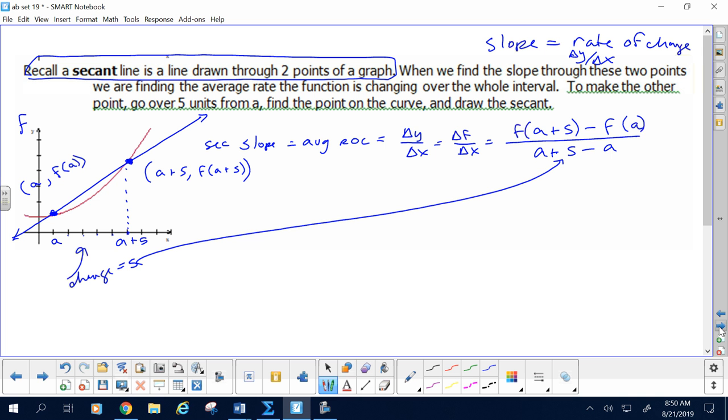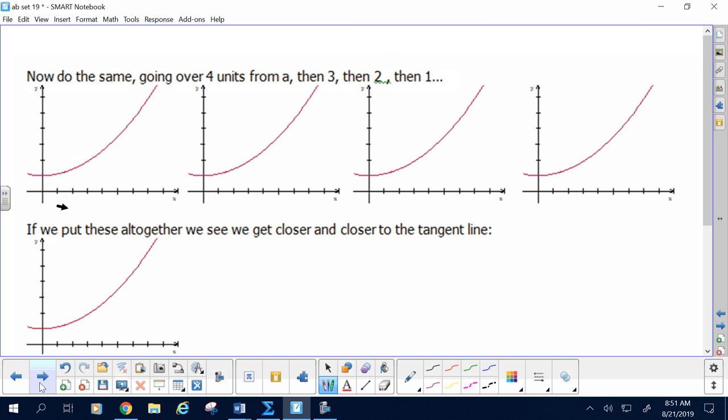Now my goal is to get the rate of change at a. So instead of going 5 away, I could do a little better by going 4 away. What if I started with a and went 1, 2, 3, 4 units, and drew the secant line?